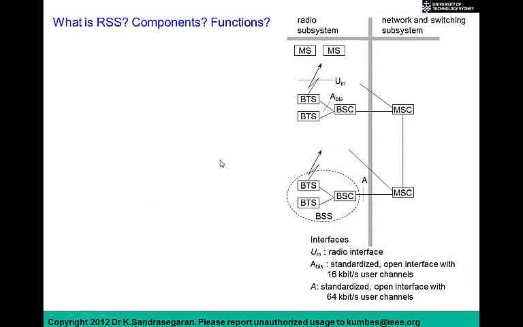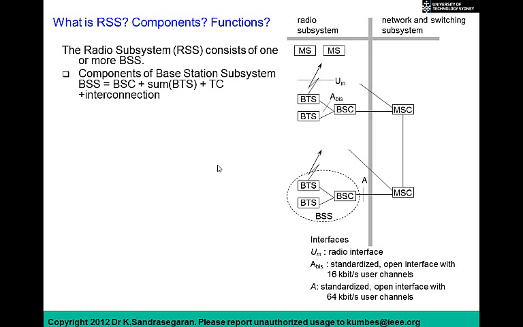A little bit more detail about the RSS. The radio subsystem is made up of something called the BSS, which is one BSC and all the BTSs that connect to it.